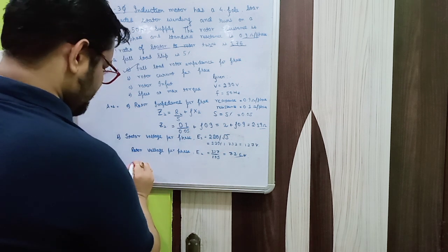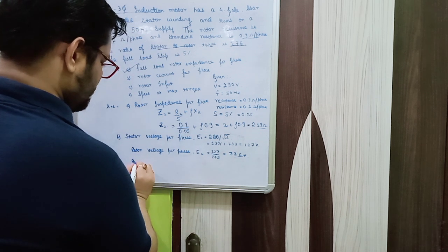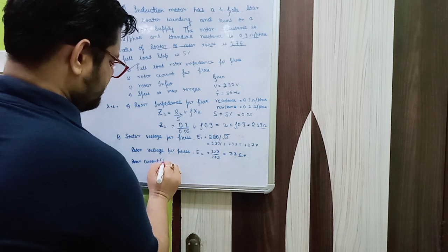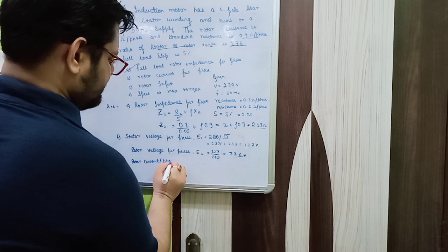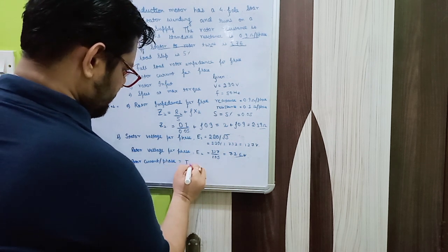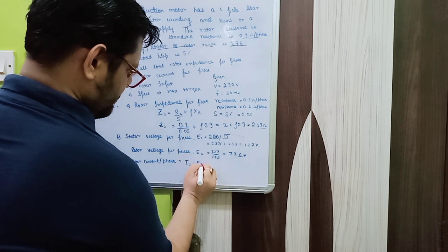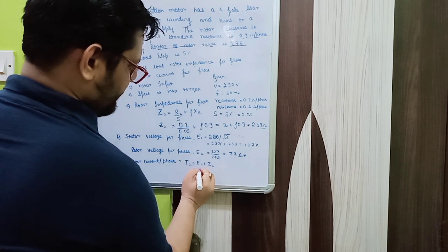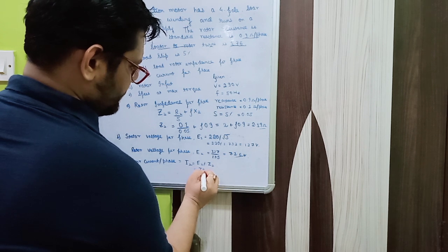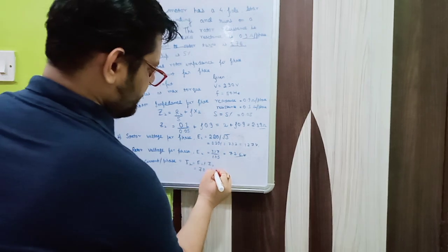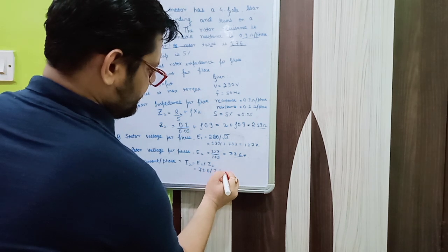What else do we have to find? The rotor current per phase. Rotor current per phase is I2 equal to E2 by Z2. E2 we have already found as 72.6, so we put 72.6 divided by Z2, which is 2.19.